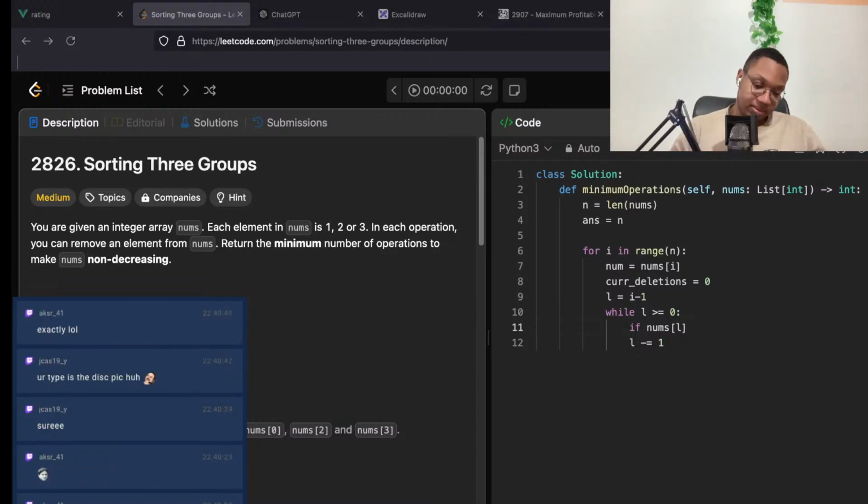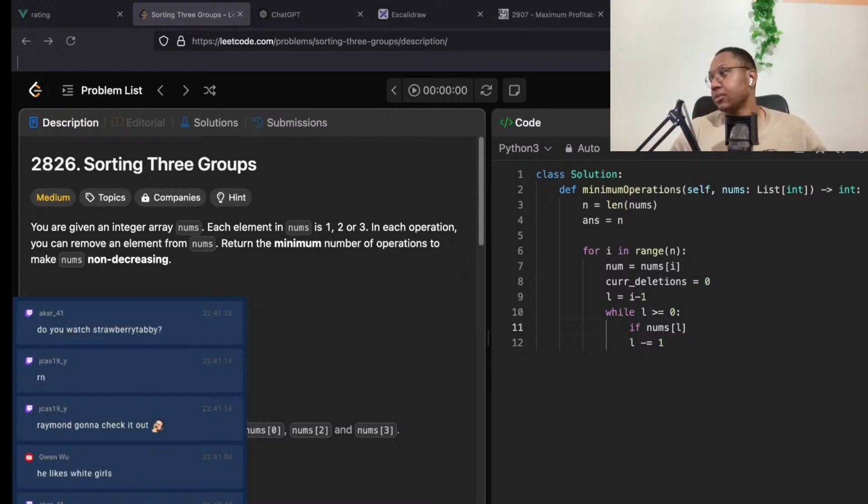Jeez. Exactly, lol. He likes white girls. Is that Axer's type? Owen, that's your guess on what Axer's type is?